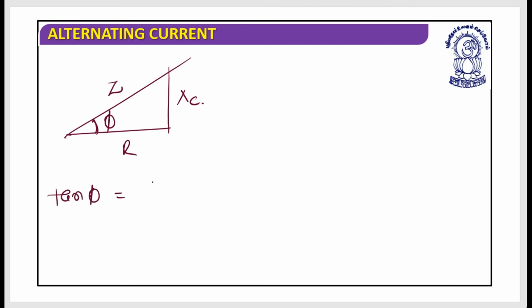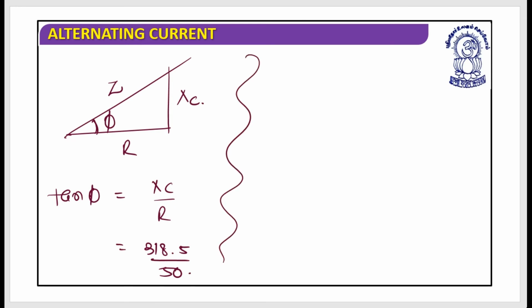From this, tan phi equals Xc by R, where phi is the phase difference between voltage and current. Xc was 318.5 and resistance is 50. So phi equals tan inverse of 318.5 divided by 50. This is the phase difference. I hope this is clear.